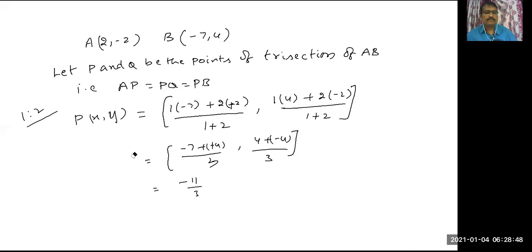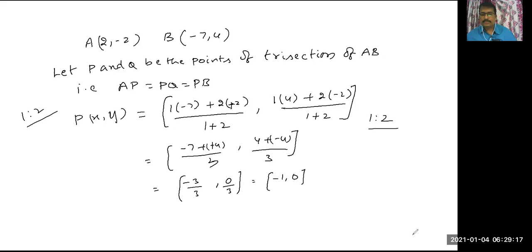So -3 by 3, 0 by 3 is equal to (-1, 0). So the point dividing in the ratio 1:2, P(x, y), is equal to (-1, 0).